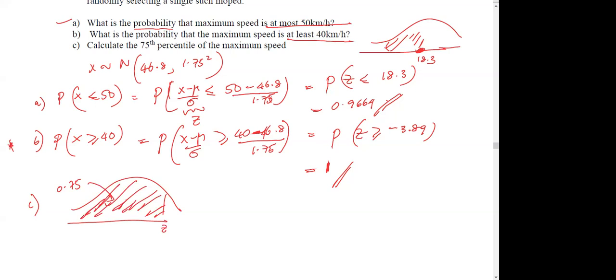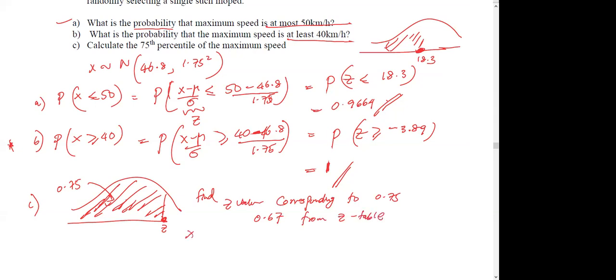Have they given it? No. You have to find this particular Z value based on this 0.75. Go to the Z table and find the Z value corresponding to 0.75. That value is 0.76 from the Z table.